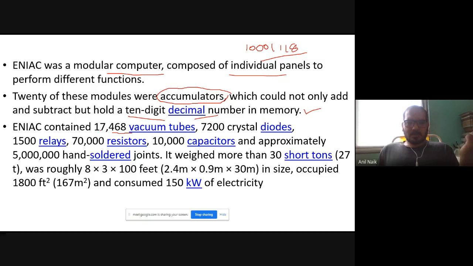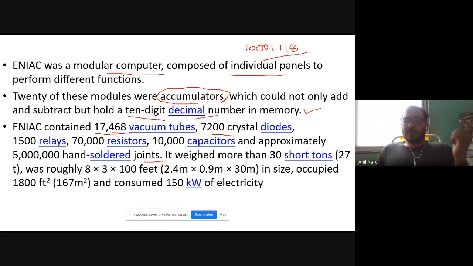Vacuum tubes are the main processing device in the first generation computer. It also had 7,200 crystal diodes, 1,500 relays, 70,000 resistors, 10,000 capacitors, and around 50 lakh soldered joints.